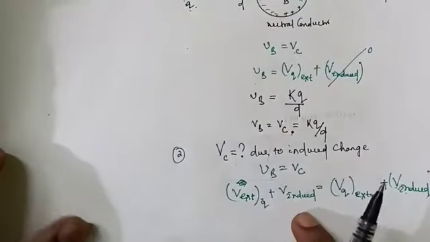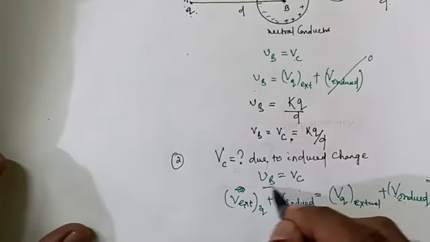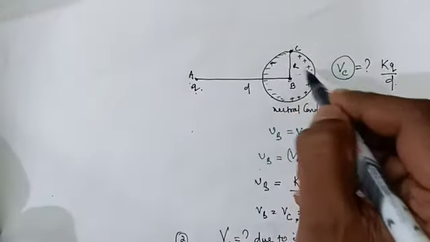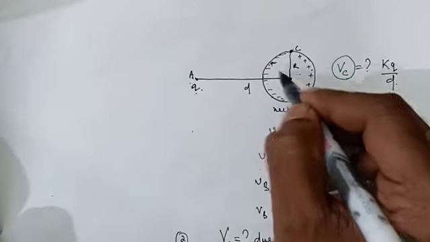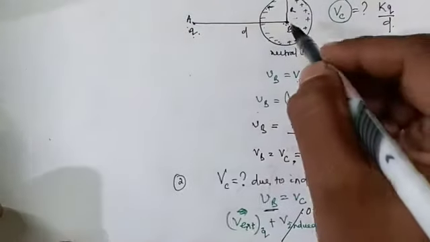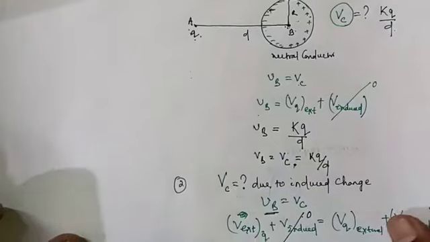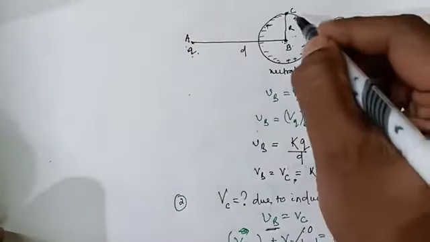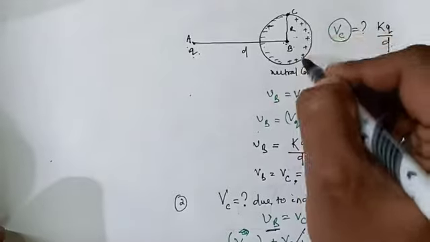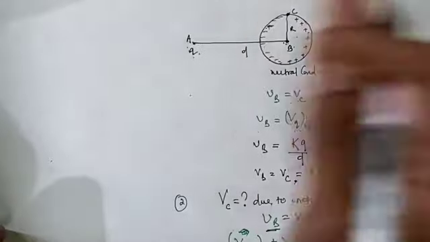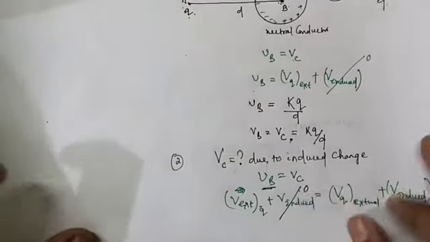If you observe this section, the induced charges at B cancel each other because this point is equidistant, here it is r, here also it is r. So definitely the potential due to induced charges at point B is 0, because this point is equidistant from all charges and the charges are symmetrically arranged on both surfaces of the sphere, so they cancel.